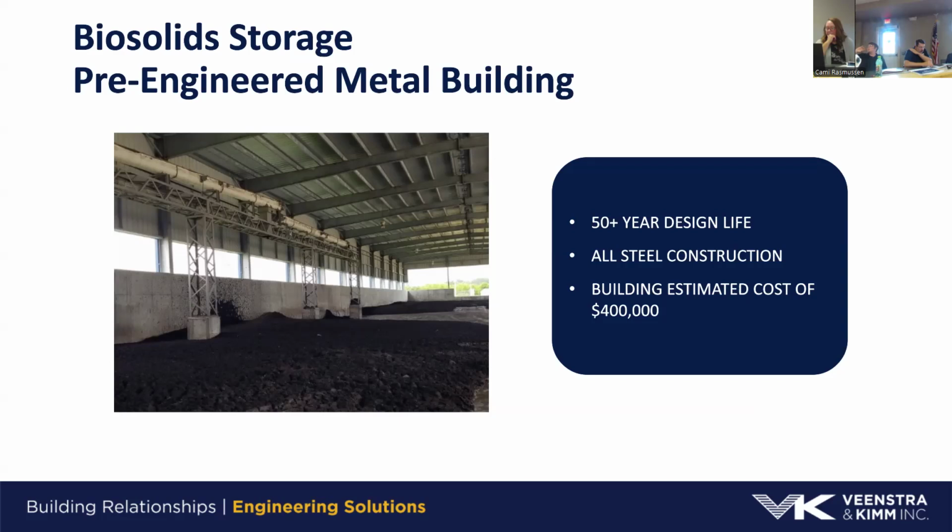Don't get confused with all the conveying equipment that's there. That's additional, and that's not part of our design. But I did want you to be able to see, in case someone was not familiar with what these are, the pre-engineered metal building would be all steel construction, with a 50-plus-year design life. But it does come with a pretty big price tag of about $400,000.